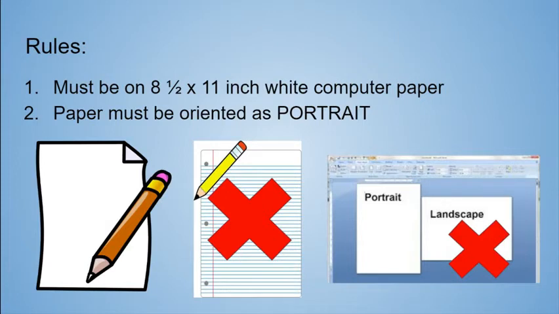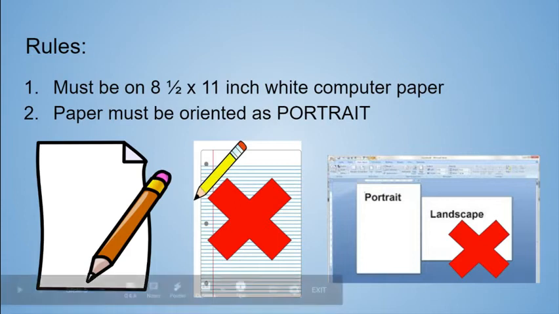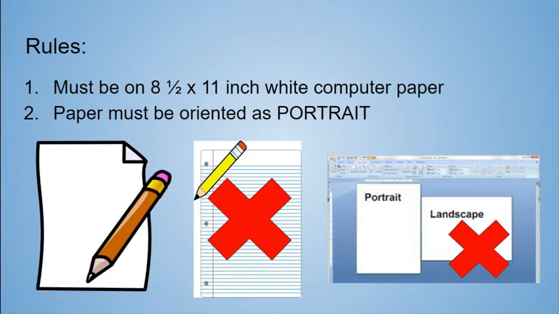And it must be upright, like in portrait orientation. They do not want landscape orientation. So this image shows that portrait is the tall way. Don't draw the wide way on your paper because they are going to make posters of it, and portrait is the standard for posters.